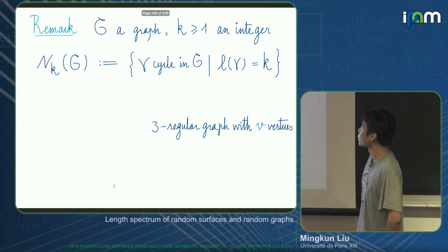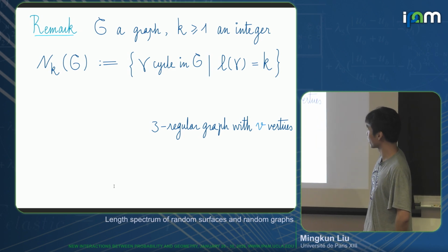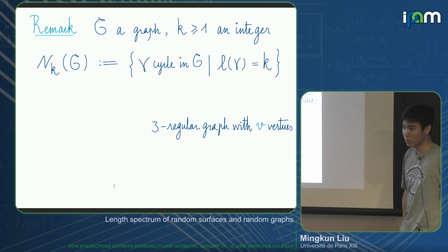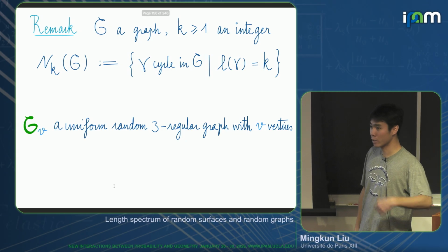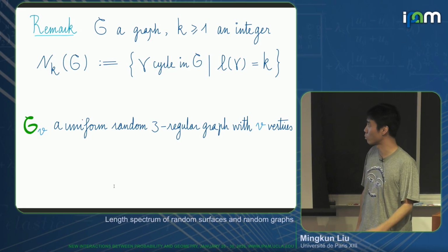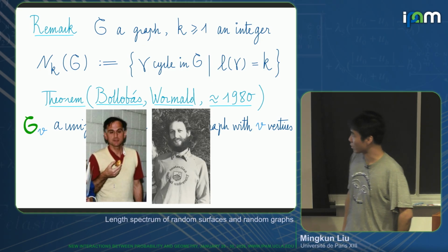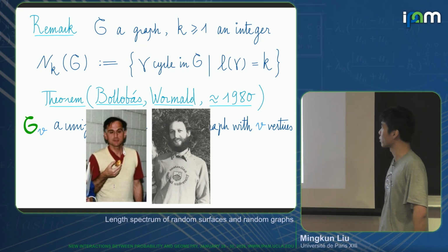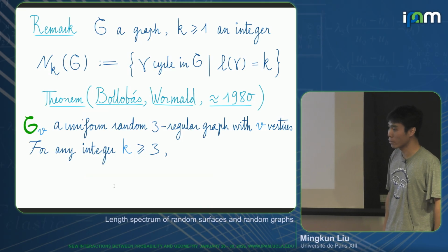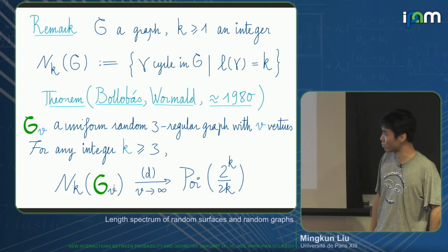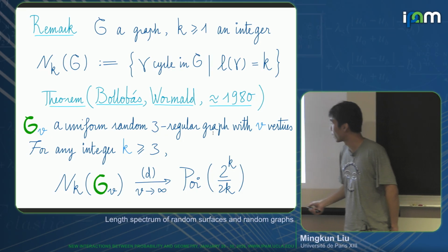Then I can restrict the attention to the 3-regular graphs with V vertices, and this is a finite set. Then I can take a uniform random graph of this kind, and it's a classic result from the 80s by Bollobás and Wormald, saying that for any possible length, if you do the counting, this random variable converges in distribution to a Poisson variable of this parameter.